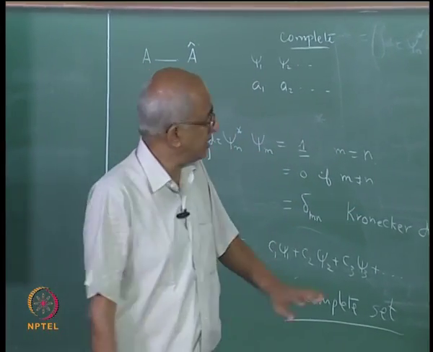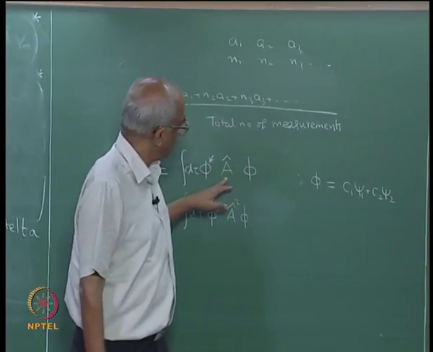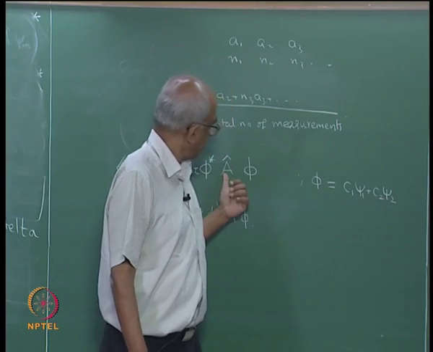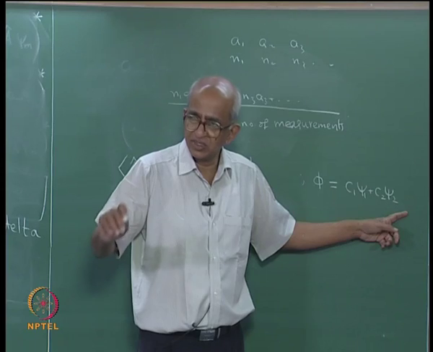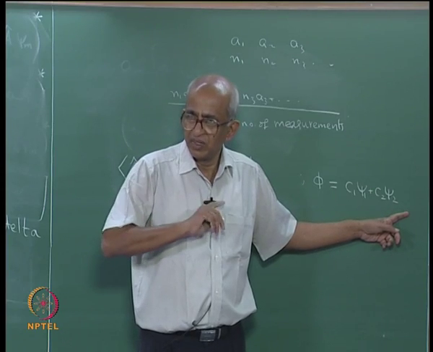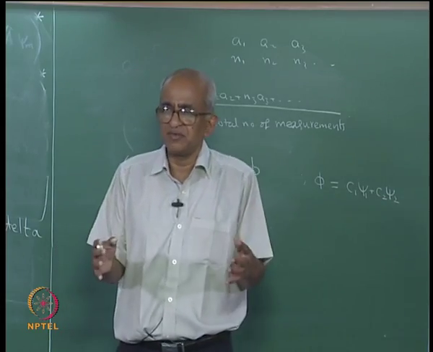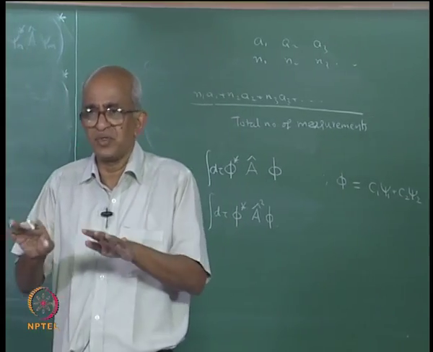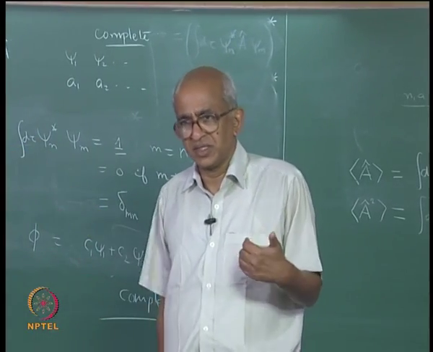Psi 1 is an eigenfunction of A, psi 2 also is an eigenfunction of A, but this combination is not an eigenfunction of A. So I am imagining a situation in which my state function is not an eigenfunction of the operator whose observable I am measuring.